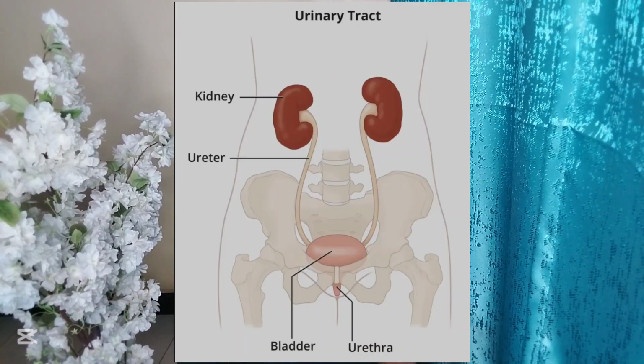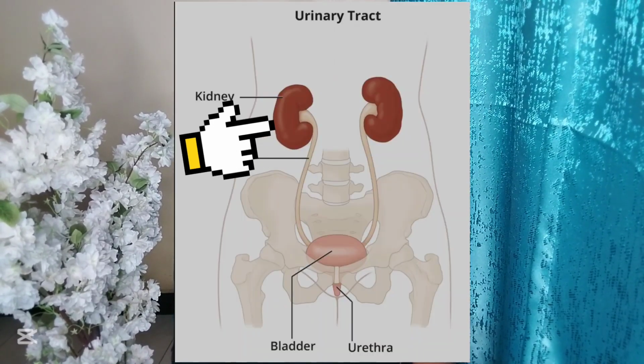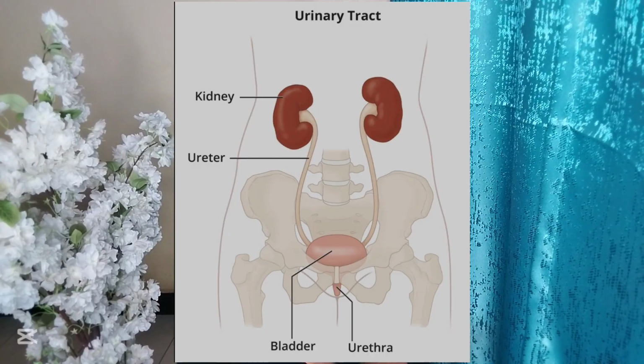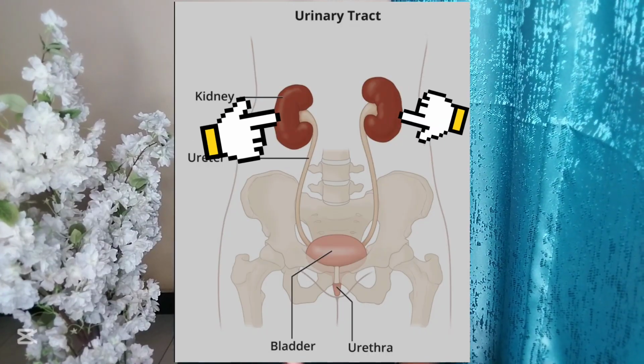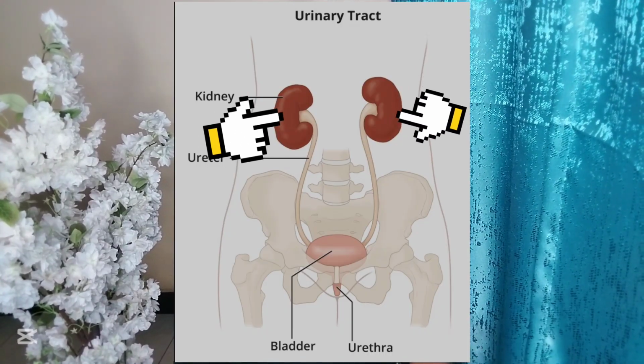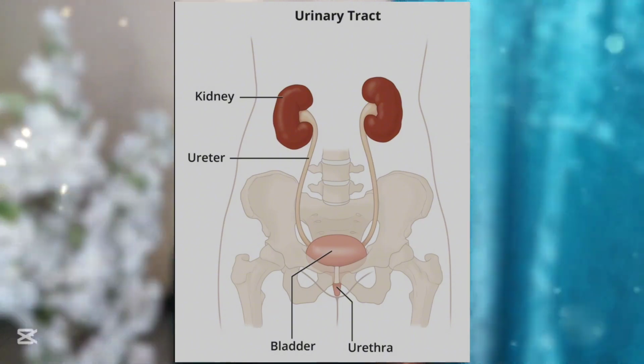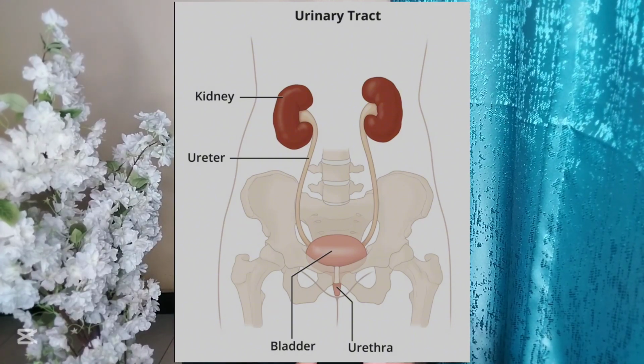Just a side note, we have two organs within our body called the kidneys. We have the right kidney and the left kidney. The right and the left kidney filter our blood and transform it into urine. The urine formed by the right kidney will be transported through a tube called the right ureter, while the urine formed by the left kidney will be transported through a tube called the left ureter.